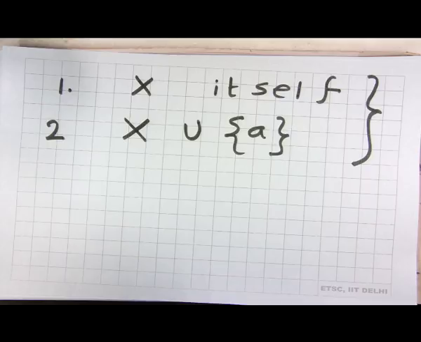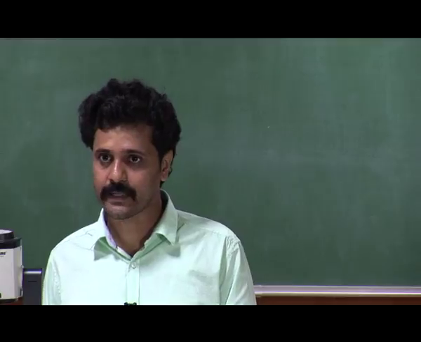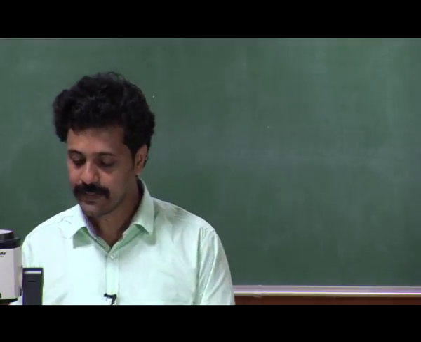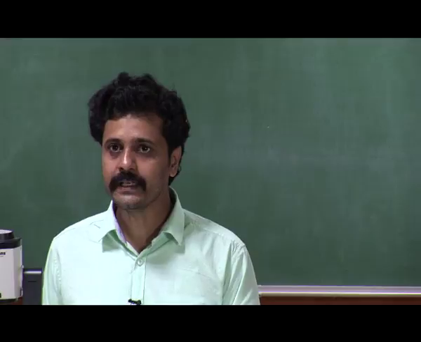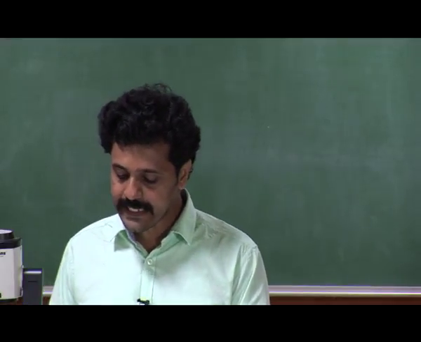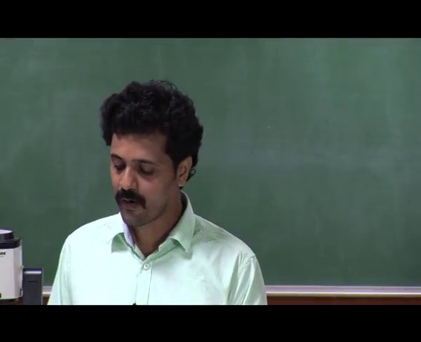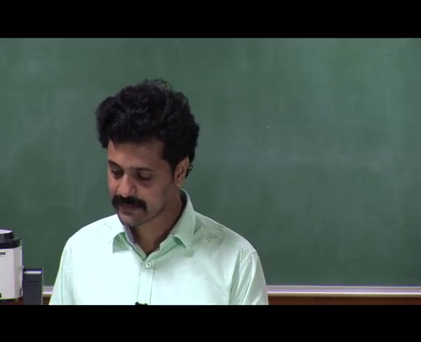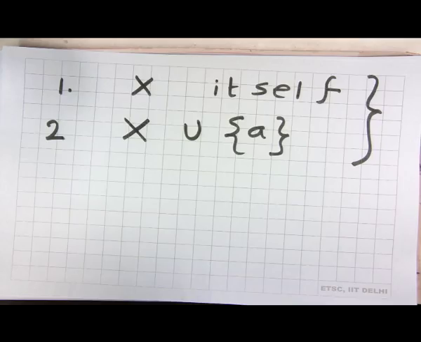Now, while exhibiting the subsets of a set with k plus 1 elements, we said that it can come only in two ways. Take any subset of S which has k elements, that will be a subset of T, or take any subset of S and adjoin A, that will be another subset of T, and these are the only possibilities in which a subset of T can arise.